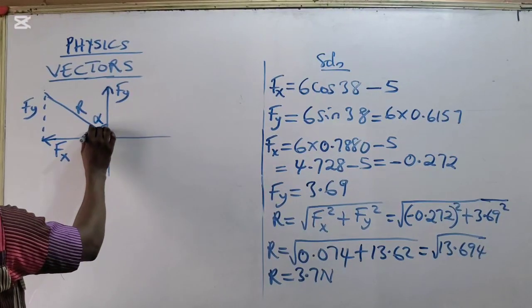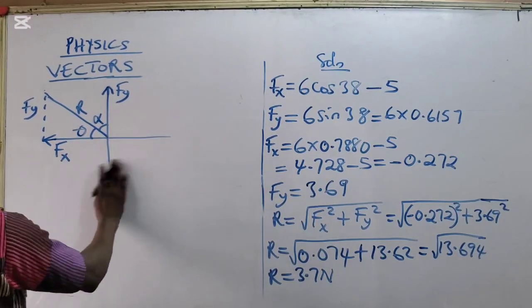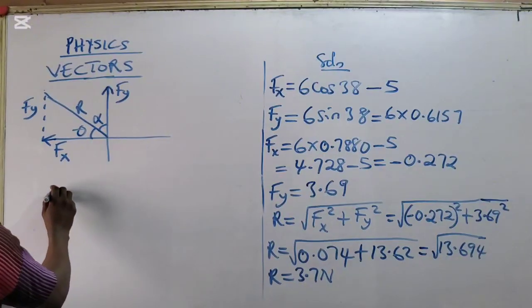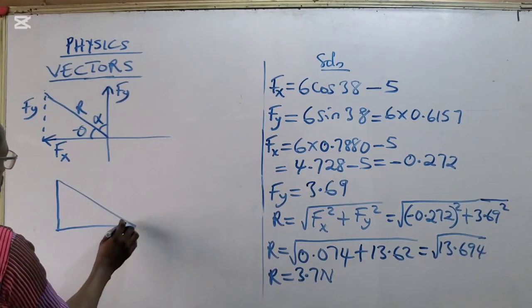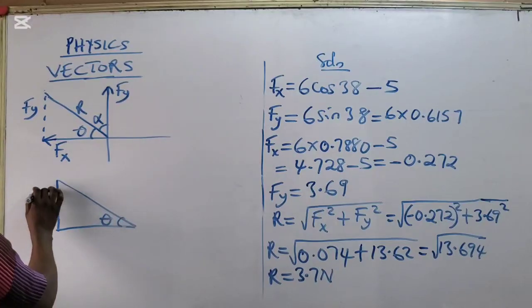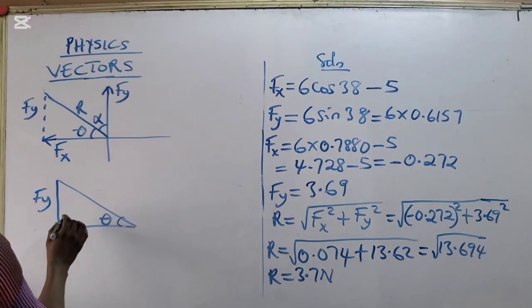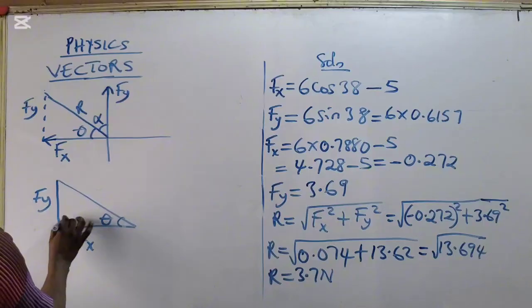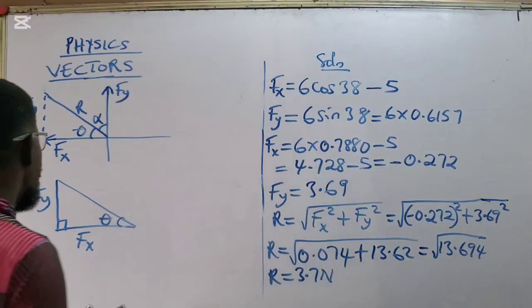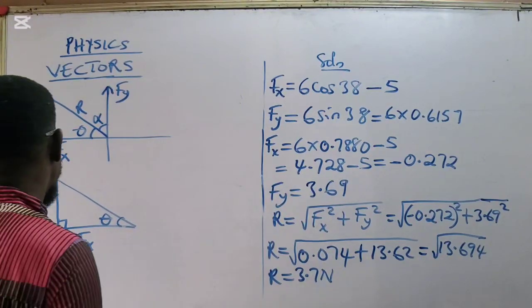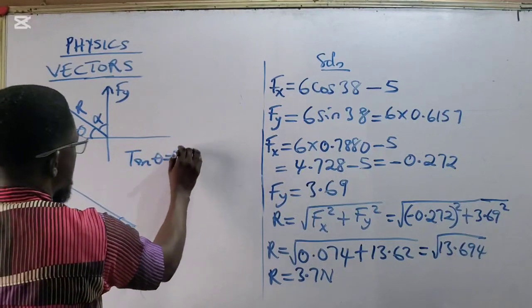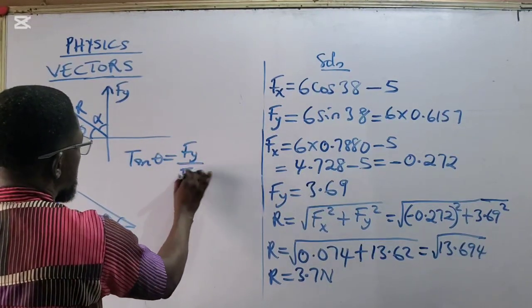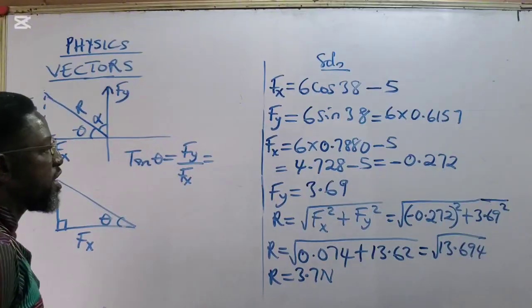Angle alpha. So we'll get theta first. I draw this diagram out. Here's theta, here's Fy, and here's Fx, and here's the 90 degrees. So tan theta equals Fy over Fx.